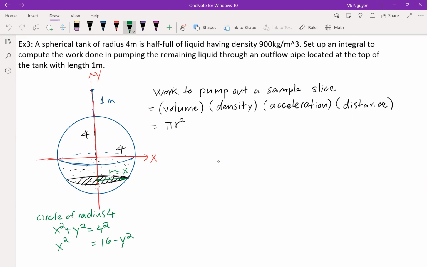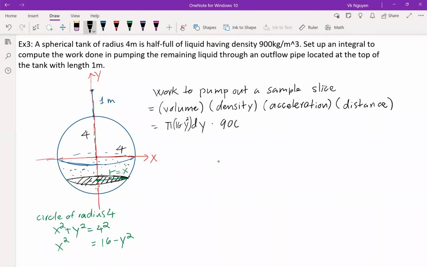Volume is pi r squared, so it's the same as pi x squared, times the thickness, which is dy. Because the radius is x, we can do the substitution here: pi times 16 minus y squared, dy.